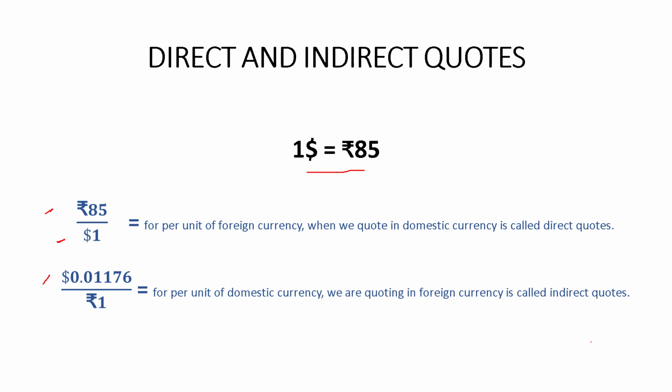So this is called a direct quote. Now when I say 1 rupee is equal to $0.01176, this is called an indirect quote. That means for per unit of domestic currency, we are quoting in foreign currency. This is all about direct and indirect quotes.